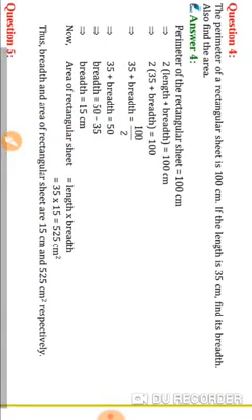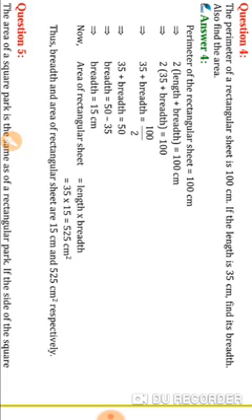Then the fourth one: the perimeter of a rectangular sheet is 100 centimeter. If the length is 35, so same as before, but instead of perimeter they have asked for the area here, so you must find it. Okay, once again I'll show this one also.